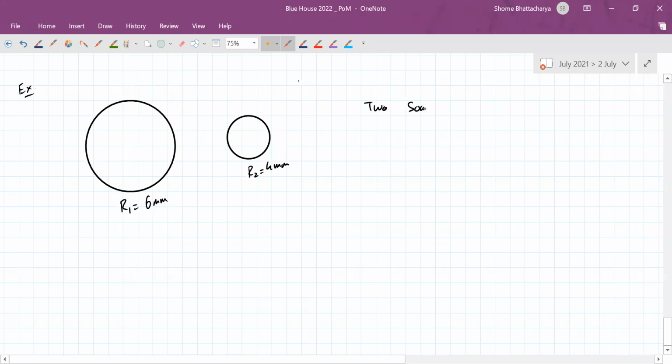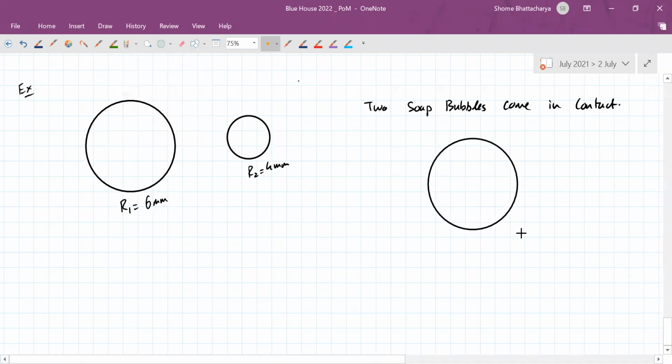So two soap bubbles come in contact. So as they come in contact, the situation becomes something like this.